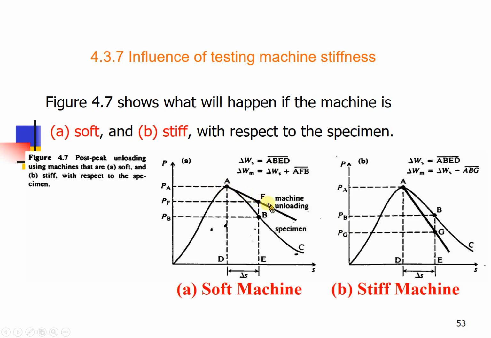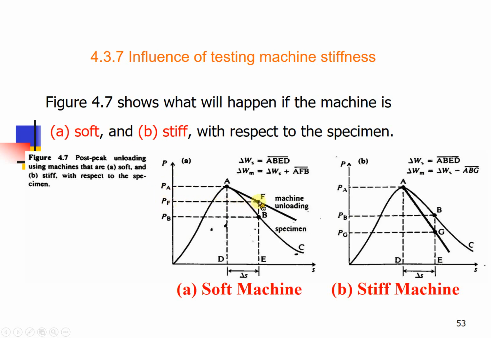However, your machine is a soft machine. Under the same displacement, delta S, the machine can only drop the force by such an amount. It can only drop from PA to PF.